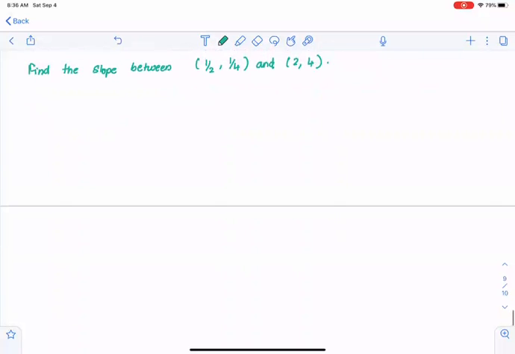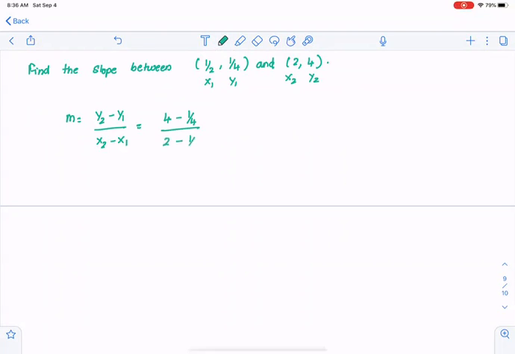So x1, y1, x2, y2. So slope m is y2 minus y1 divided by x2 minus x1. So 4 minus 1 over 4, divided by 2 minus 1 over 2.